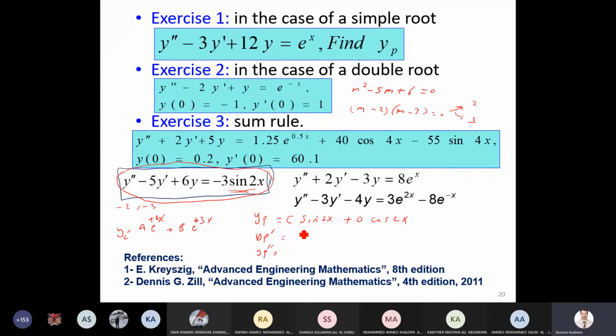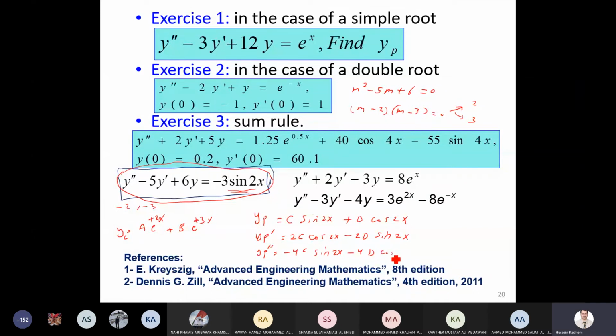Okay, now let's go for the first one, yp dash. It will be, for sine 2x, 2c cosine 2x. And this is cosine, it will be minus 2d sine 2x. Okay, differentiate again, it will be minus 4c sine 2x minus 4d cosine 2x.